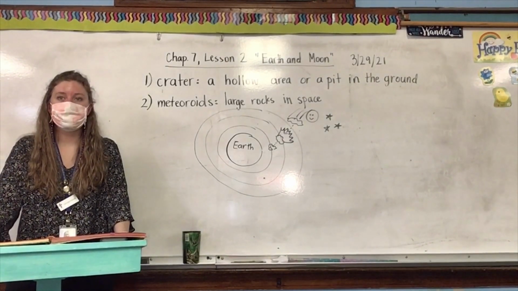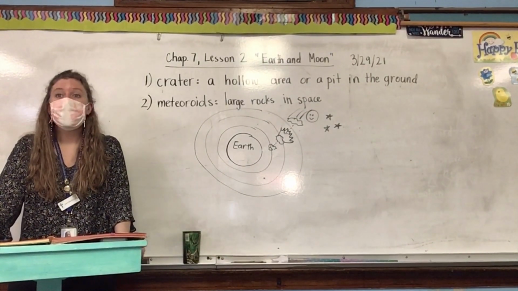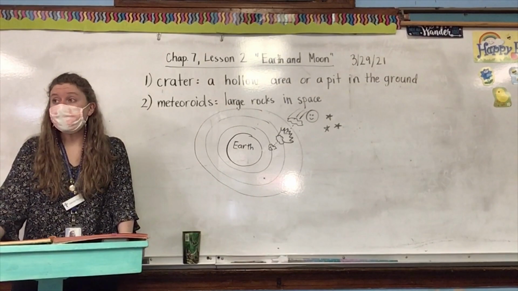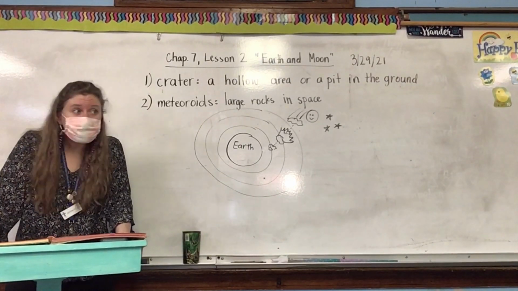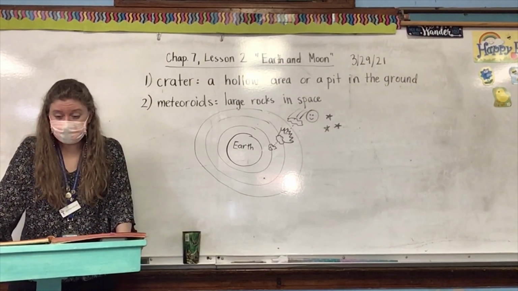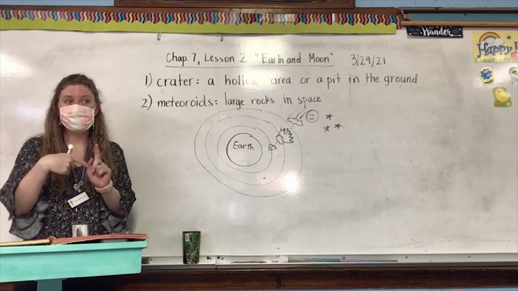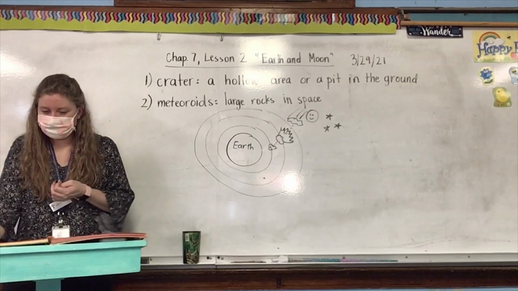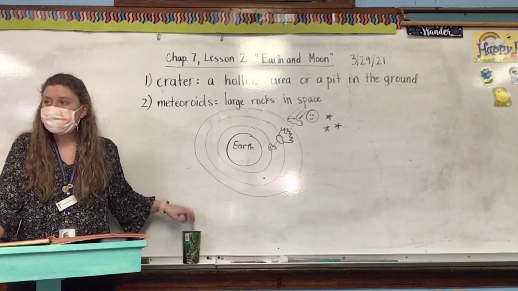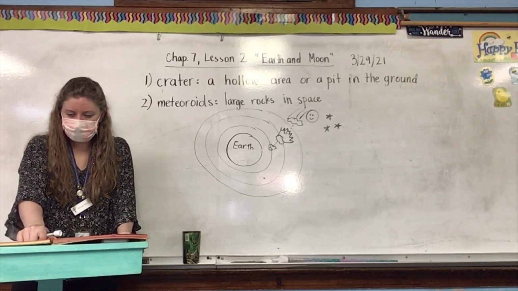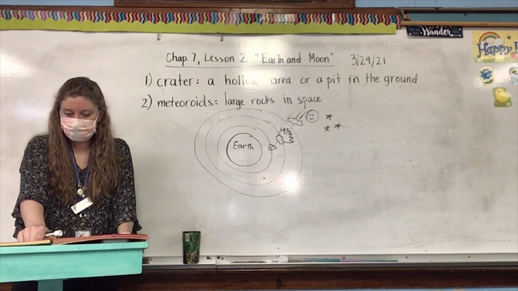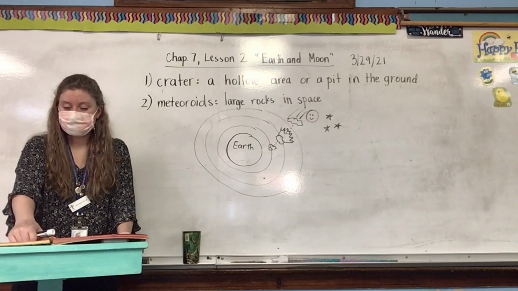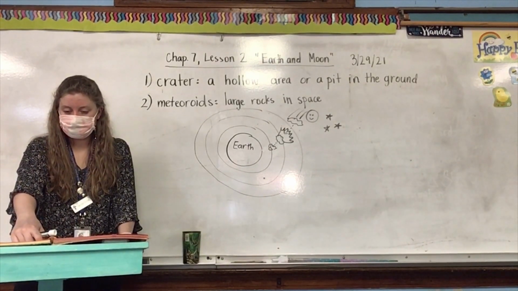No. What moves? Class: Earth. Well, the moon appears to move, and the moon does move. The moon revolves around us. We revolve around the sun. The moon revolves around us. Keep going, Mason. As Earth revolves around the sun, the moon revolves around Earth.